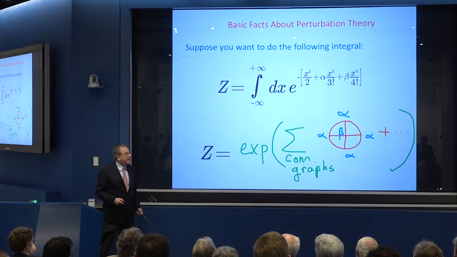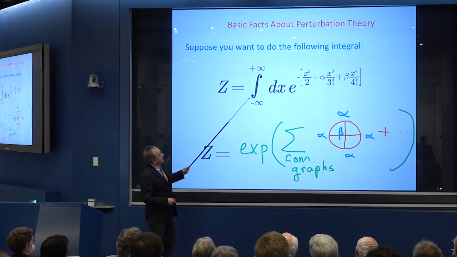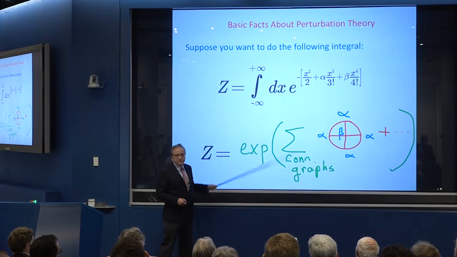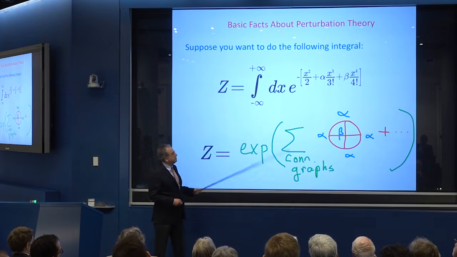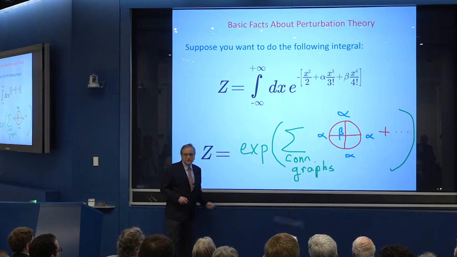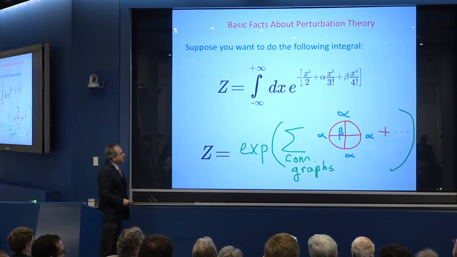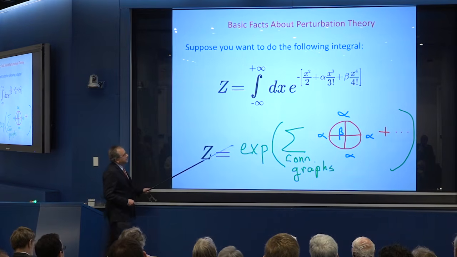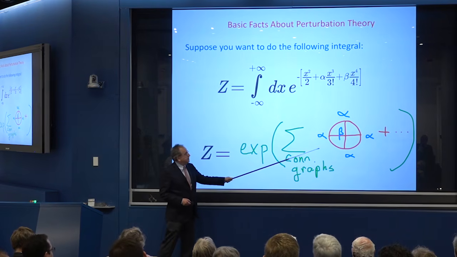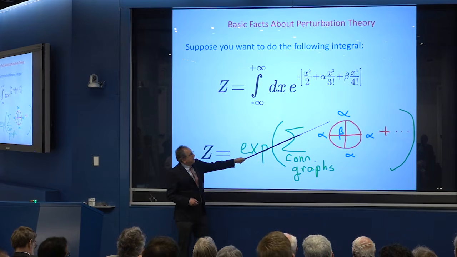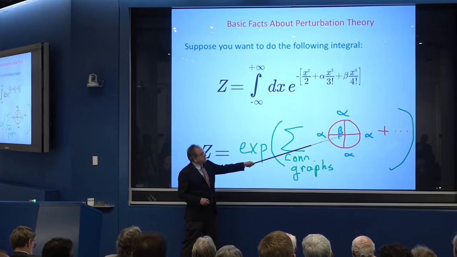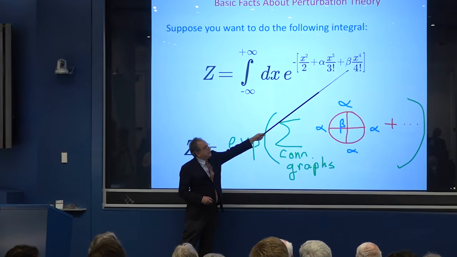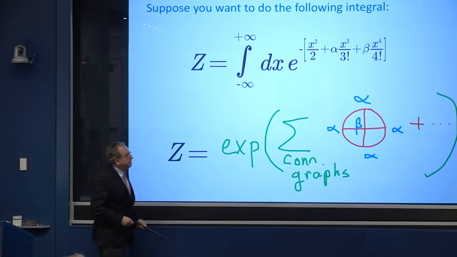But it turns out that, as Feynman and others noticed a long time ago, trying to do these integrals leads to a nice diagrammatic form, and the diagrammatic form is roughly as follows. You consider all kinds of graphs which have cubic and quartic vertices, like alpha and beta points here, related to the fact that there's a cubic and a quartic power here.